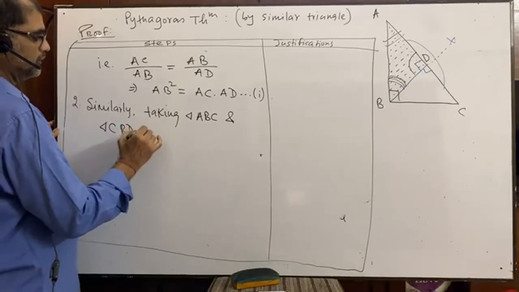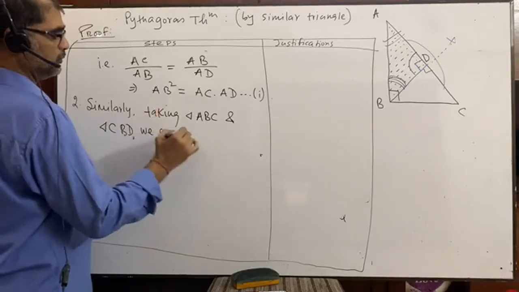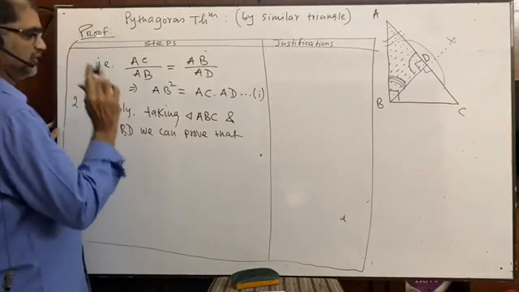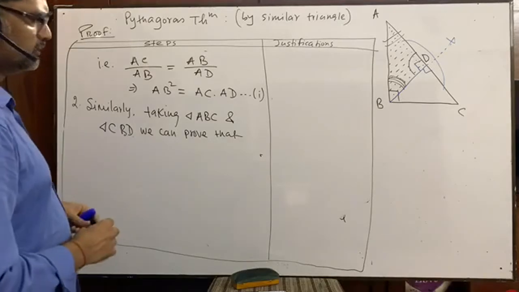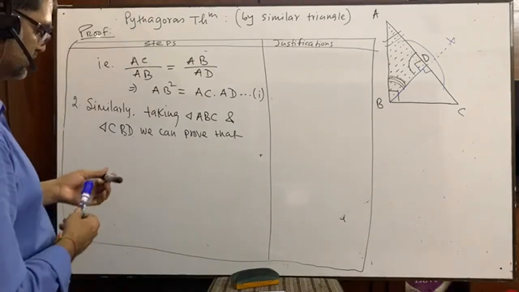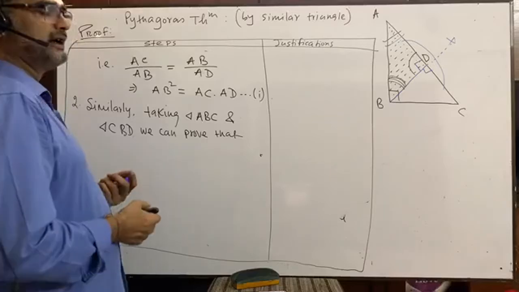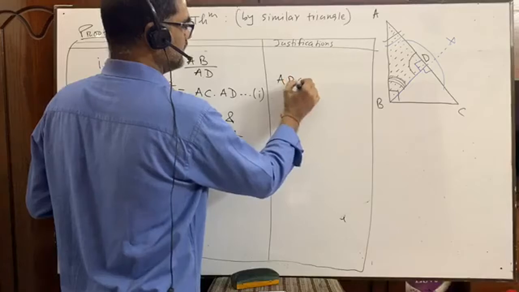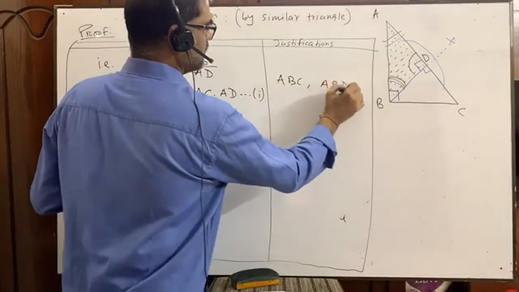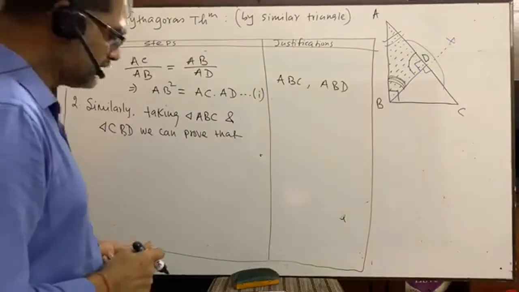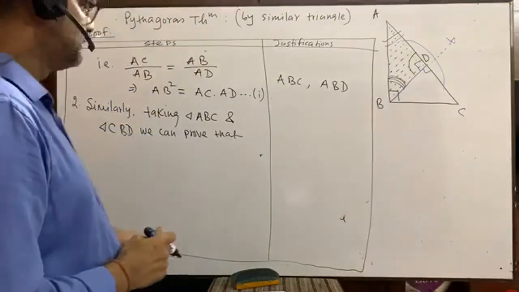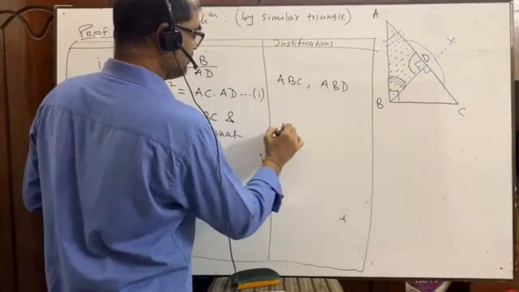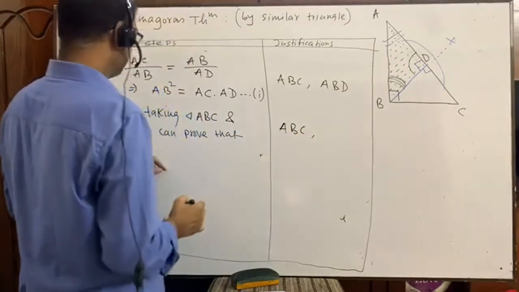We can prove that. Please pay attention. For step 1, what triangles were considered? Can you remember? ABC and ABD. For step 1 I have considered triangle ABC and ABD. Now in step 2, for the triangle ABC, I am going to write down here CBD.